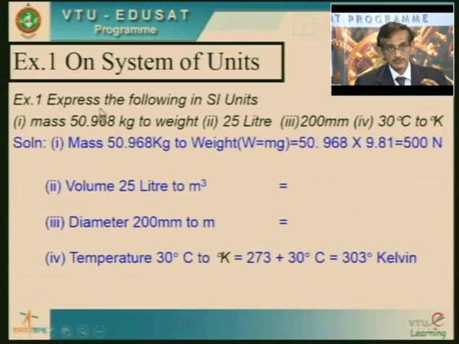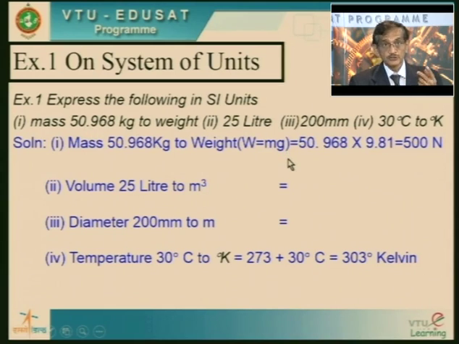Now, we will start with the first one. Take out your calculator. You know very well the formula: weight is equal to mass into g. What exactly does it mean? The weight of any fluid is equal to the mass of the fluid, whose value is given as 50.968, which I am underlining with the cursor, into g.